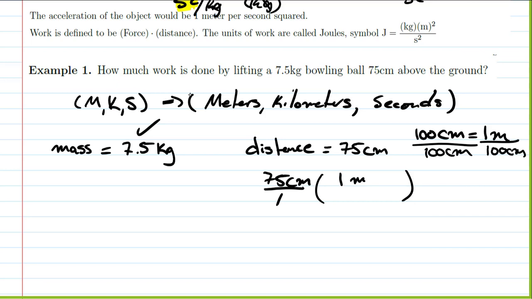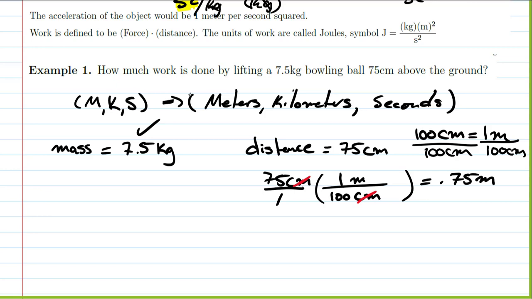Then our units reduce out, and we have 75 over 100, which reduces to 0.75 meters.